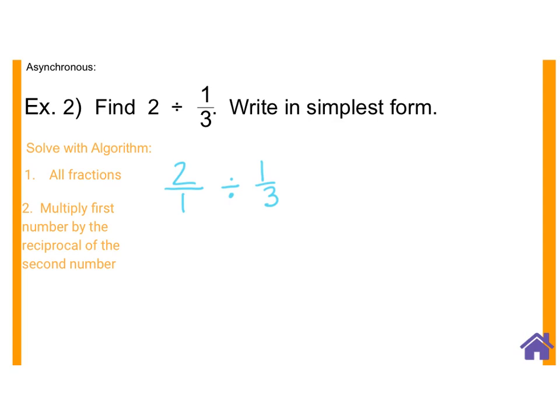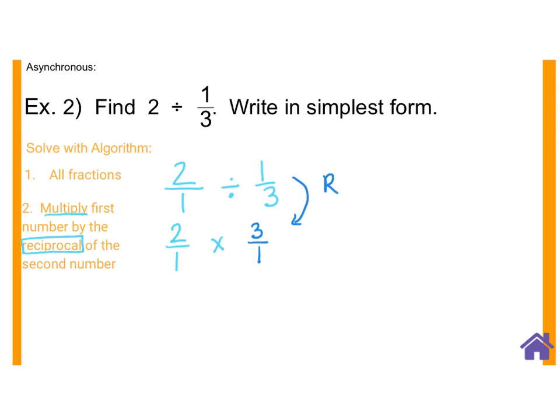The first number is 2 over 1. And it says I need to multiply the first number by the reciprocal. So I need to now find the reciprocal of 1/3. I'm going to put an arrow here and put an R to note that I'm taking the reciprocal of it. So the flip of 1/3 is 3 over 1.